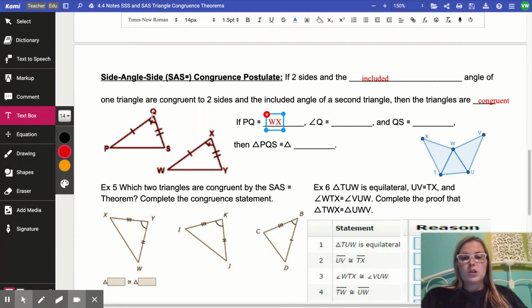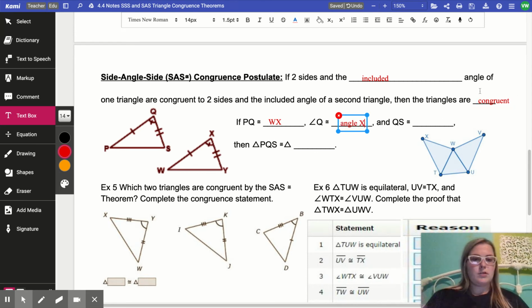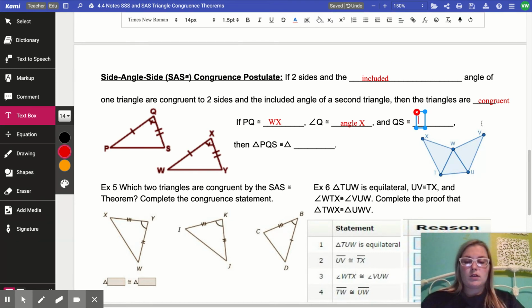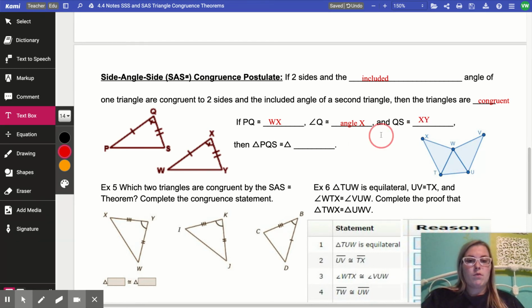Angle Q has an arc mark and angle X has an arc mark, so angle Q is going to be congruent to angle X. I don't have a fancy angle symbol on my laptop, so just bear with me. And then QS has two tick marks and XY has two tick marks, so QS is going to be congruent to XY. So I have my side PQ, my angle Q, and then my side QS.